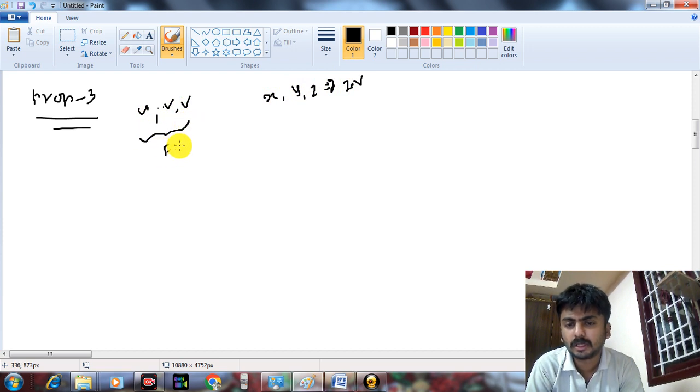Functionally dependent functions u, v, w, where x, y, z are independent variables.